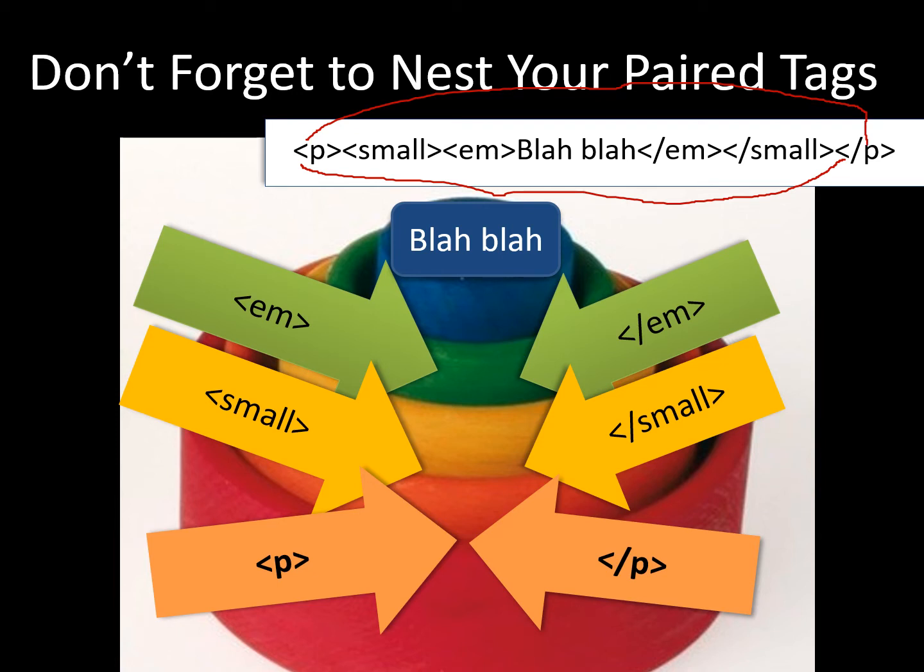You can see the second tag does not go in the same order. It nests with the tag over here, and same with the third tag. So it creates like a circular pattern. This is called nesting, and it's very important to note that when you have your start tag, your end tag falls in the correct place.